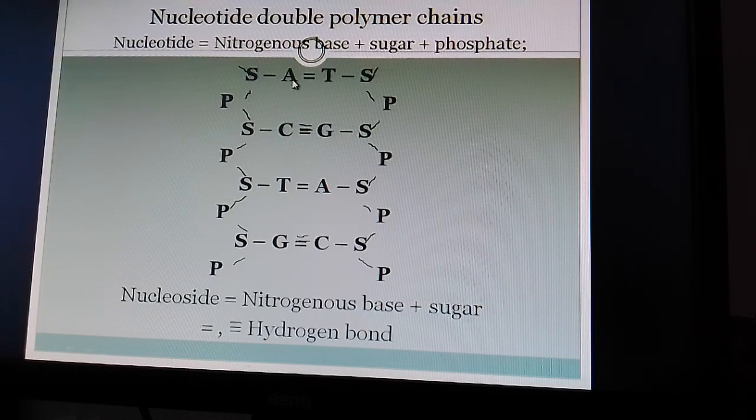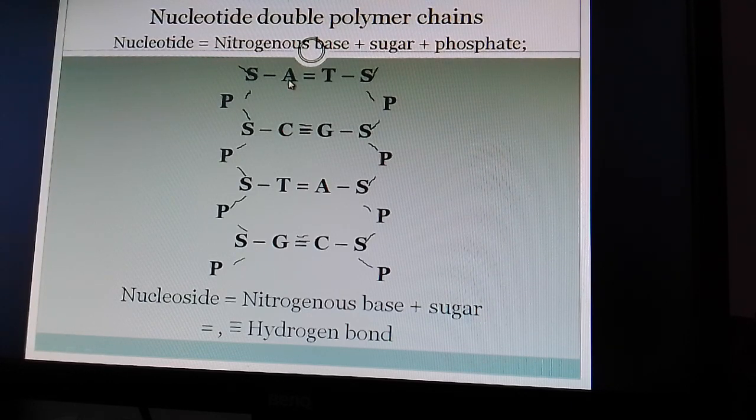Now the union of these two, purine or pyrimidine with the deoxyribose sugar in this case, is called nucleoside. So nucleoside is nitrogenous base plus sugar, the deoxyribose sugar. And then the sugar will be joining the phosphoric acid on its side.